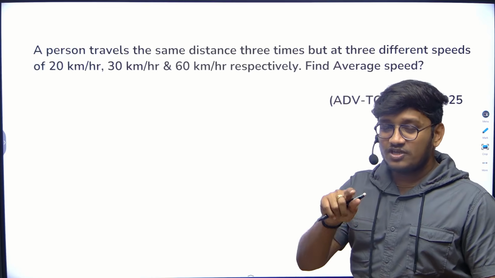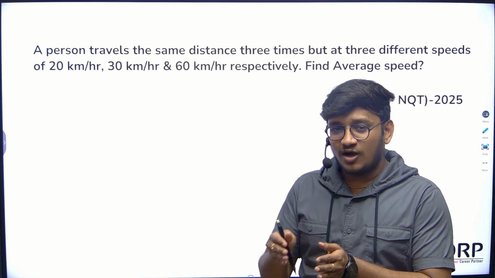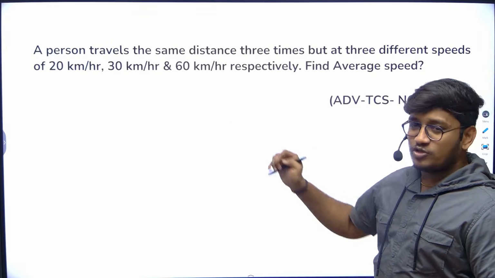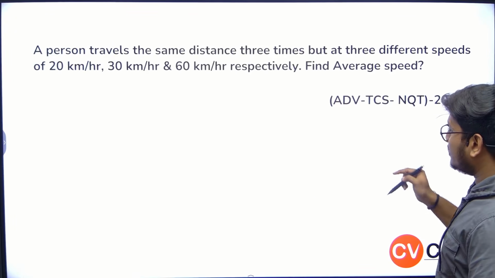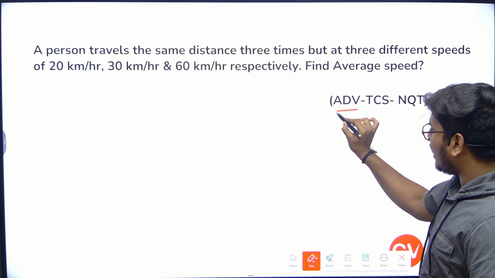I already gave the same logic in the previous videos: if we have three speeds, how do you calculate average speed when distance is constant? The same kind of question was given in the TCS NQT exam, but here in advanced.